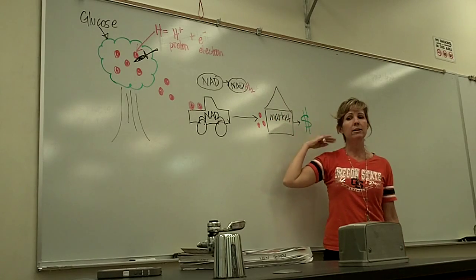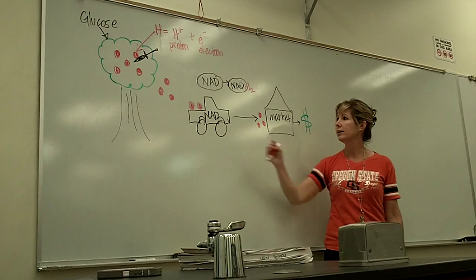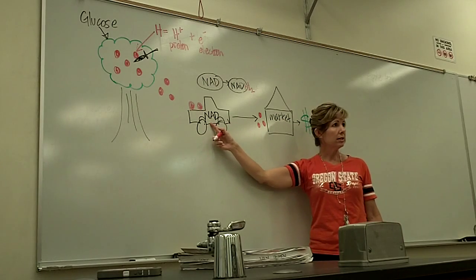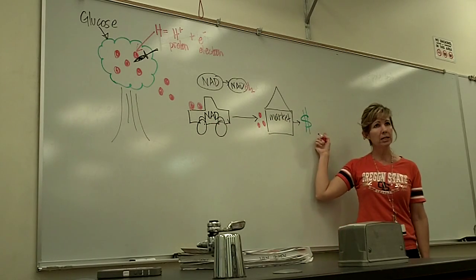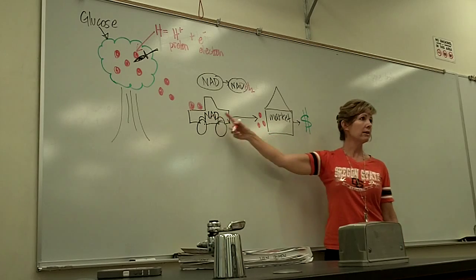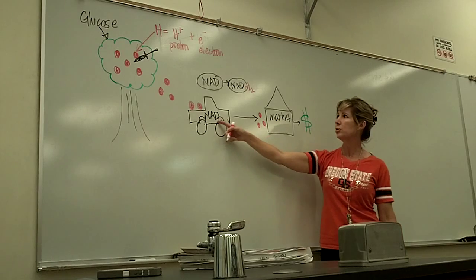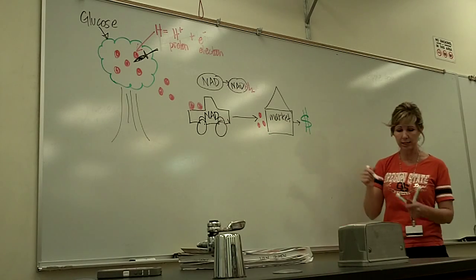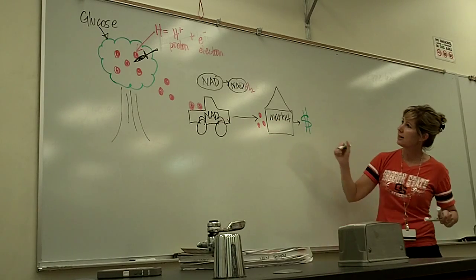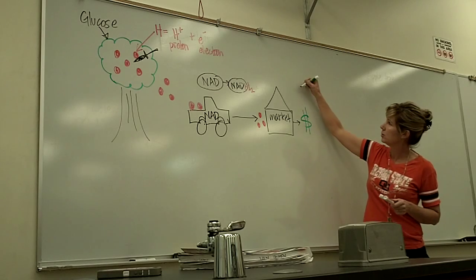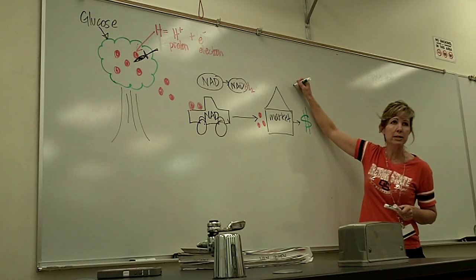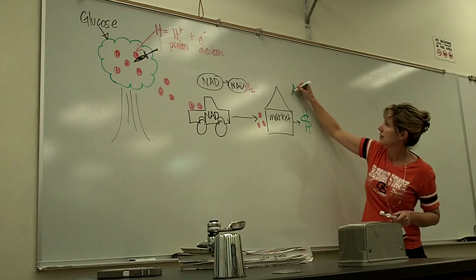So again, think back to what you know. Would an empty truck have more potential for money, or a full truck? So you want a truck that is loaded up to get you what you want at the very end. And instead of money at the very end, what we're looking for with metabolism is ATP.